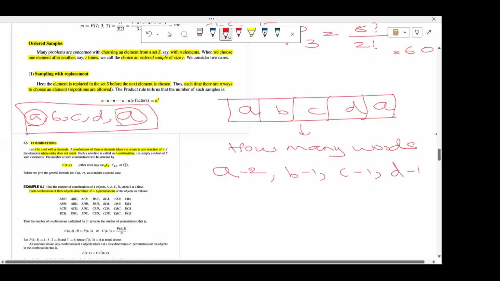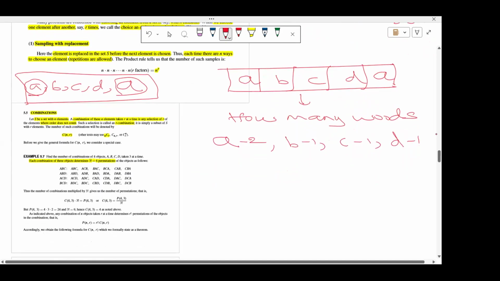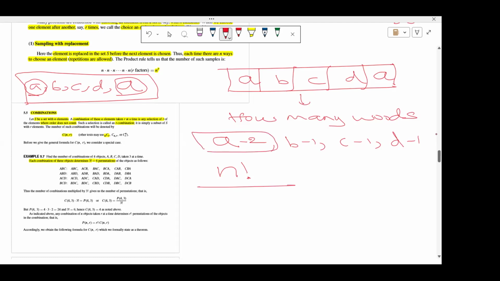So in this type of scenario, how can we find out how many words we are generating? There is a specific equation. Altogether we have n letters, one, two, three, four, five letters, and over that we need to divide by the factorial for the letter that occurs more than one time: n factorial over 2 factorial.